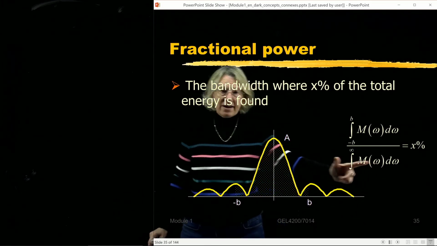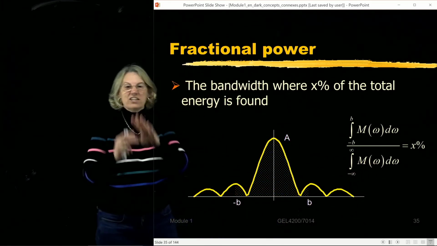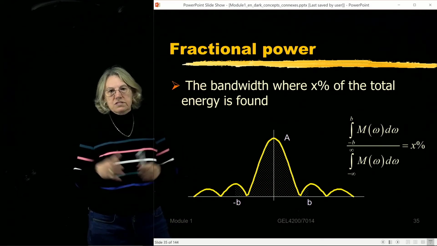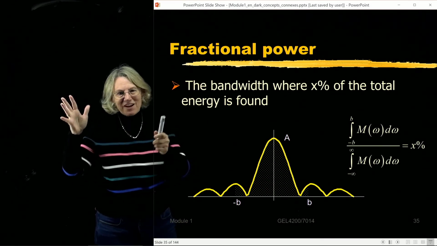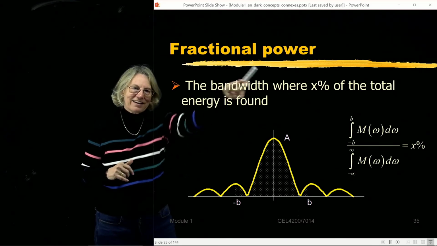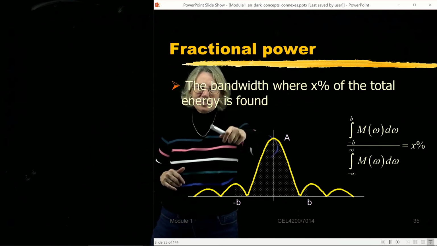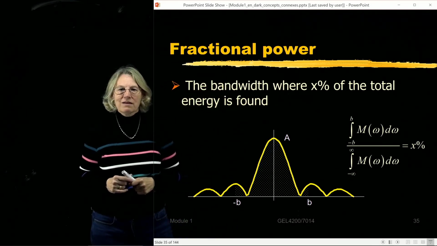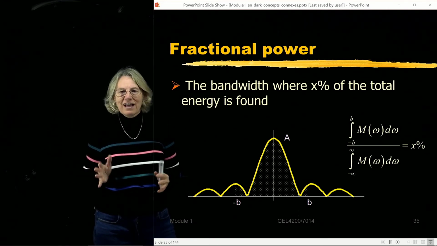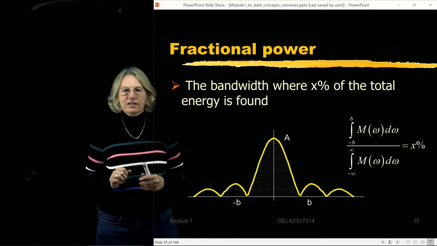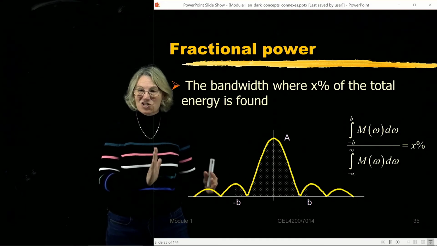I'm going to compare it to the area under the entire curve. So here in the denominator is all of the energy or the power. We'll see that some signals are power signals, some are energy signals. So I got a little loose here in my use of energy and power, but whichever one is appropriate, I'm going to take the ratio and I'm going to say how much is it concentrated in a certain band.